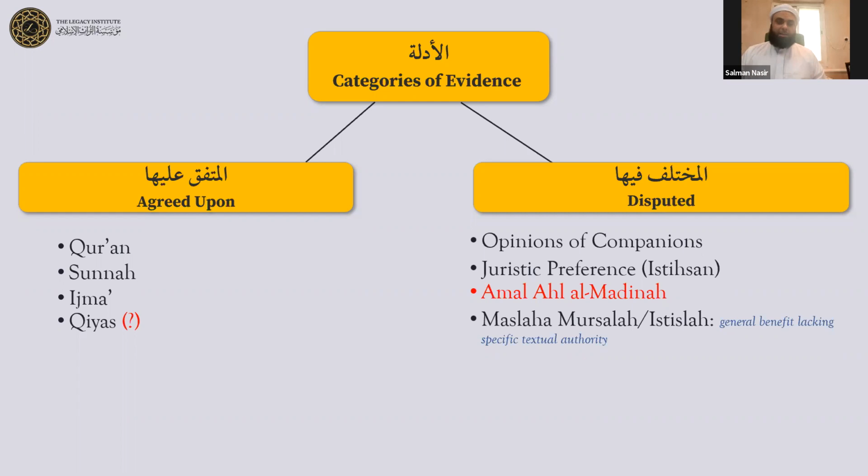And along with qiyas, they also use istihsan. So they're already being criticized by the Ahlul Hadith that you use qiyas too broadly. And what exactly that means, again, is beyond the scope of our discussion, I think.